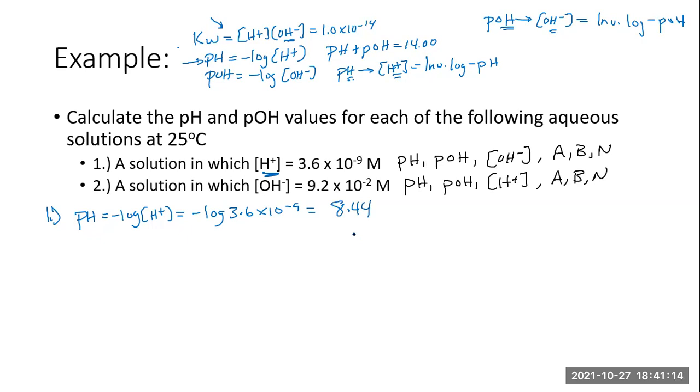Now, because I have an 8.44 as the pH value, I can pretty easily get to the pOH from that.